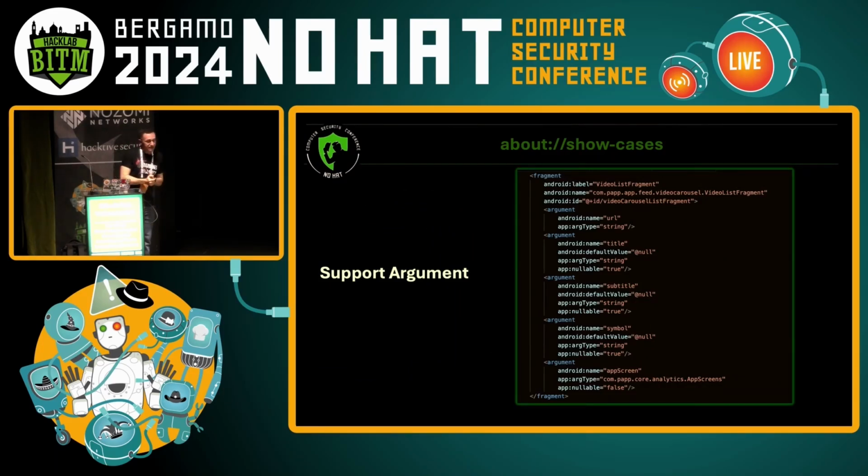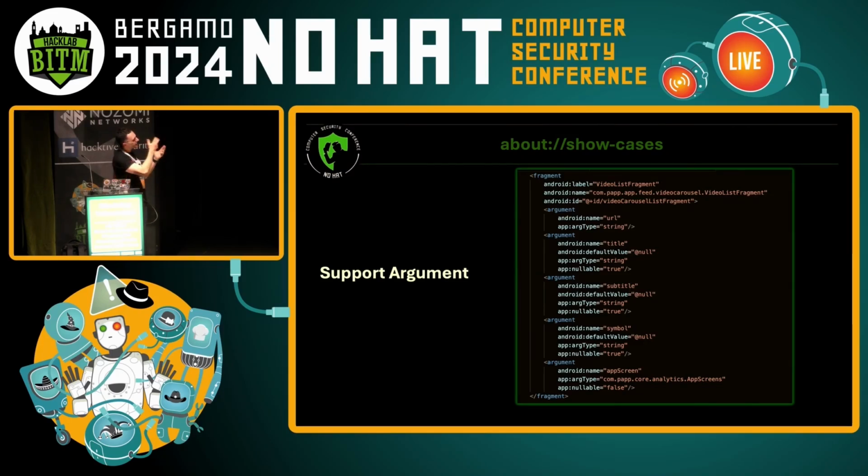Another case regarding a support argument, and I name it a support argument due to the fact that we're not going to use the specific parcelable in order to exploit this vulnerability, but we're going to use something similar. Anyway, it was a few months ago that I read a post about an issue in the Jetpack library, which can allow someone to use fragments which aren't supposed to communicate with other apps.